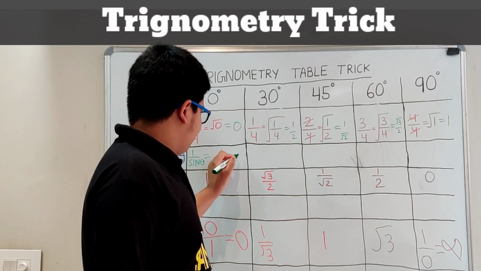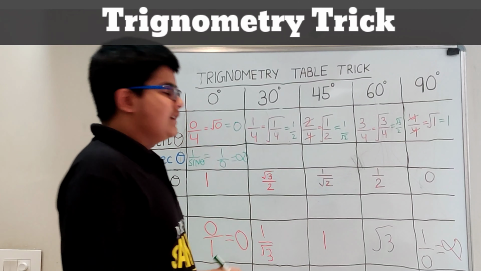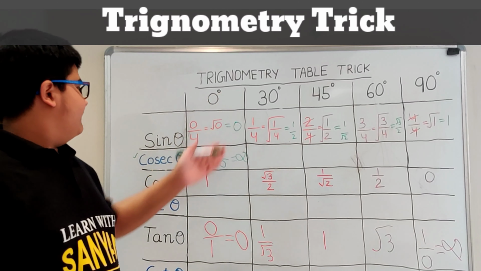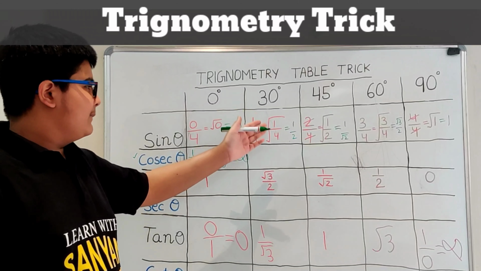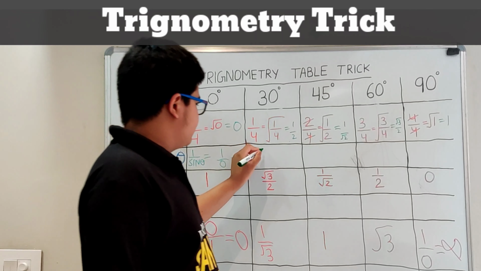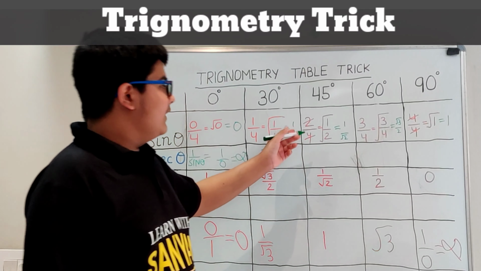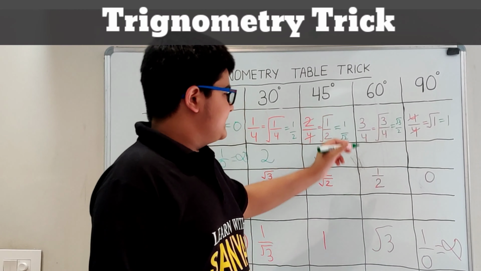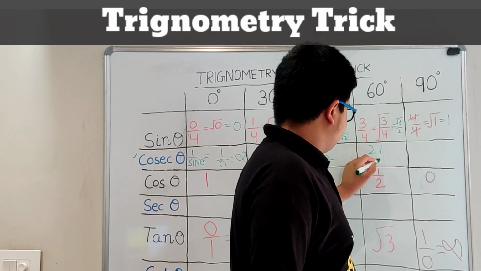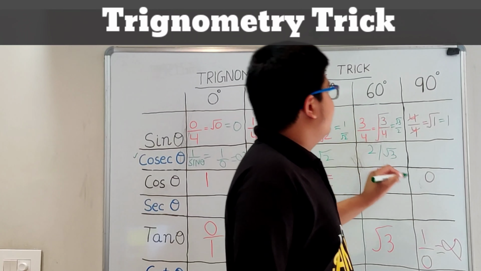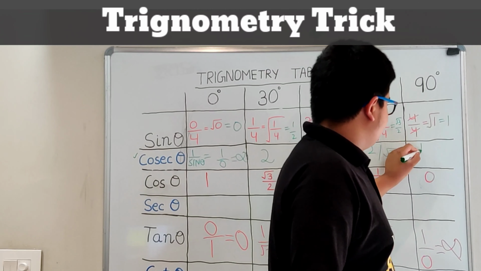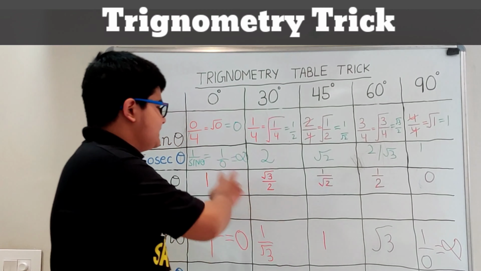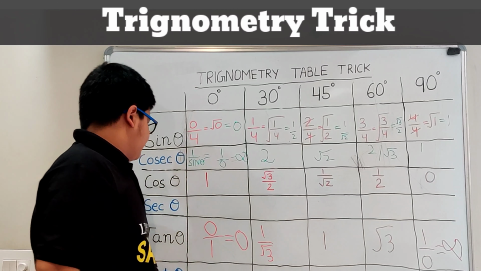So the value of cosecant 0 is not defined. Now cosecant 30 will be the reciprocal of 1 upon 2, so it will be 2. Similarly, cosecant 45 will be root 2, cosecant 60 will be 2 by root 3, and cosecant 90 will be 1. So we just take the reciprocal of the values of sine.